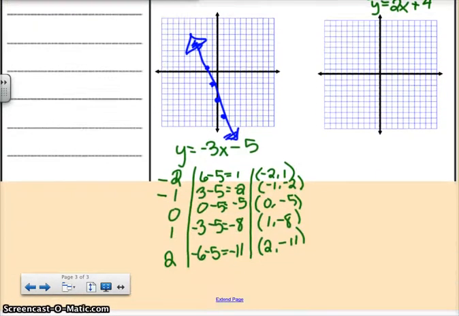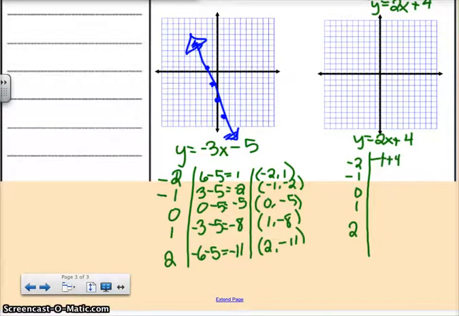Okay, so that's my equation. Y equals 2x plus 4. Now I make my table. I'm going to go -2 to +2, and then just start evaluating. -2, so 2 times my x plus 4. 2 times -2 is -4 plus 4, which is 0.